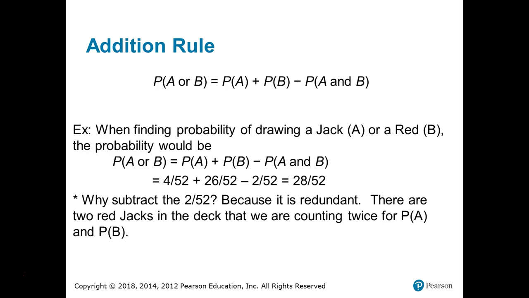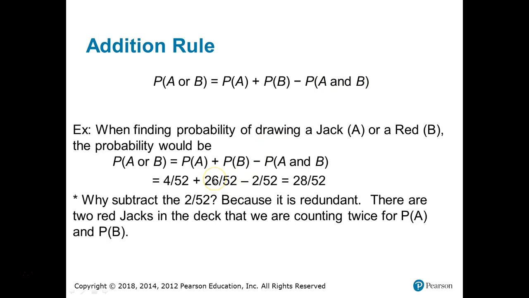So let's look at an example. Okay, we want to know the probability of drawing a jack or a red card. So it's addition rule because of the word "or." So the probability of a jack or a red is the probability of event A, which is a jack, plus the probability of event B, which is a red, minus the probability of it being a red jack.